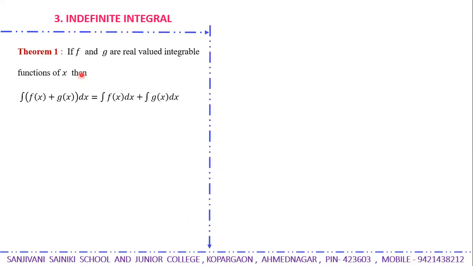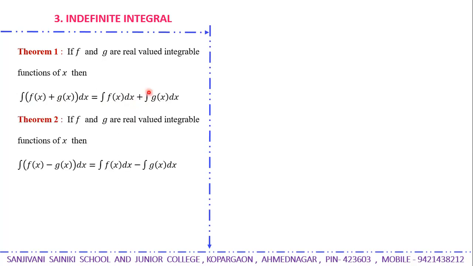Now these are the theorems, the algebra of integrals. f and g are real valued integrable functions. What is meant by integrable? Integrable means we can find its integral. So the integral of f of x plus g of x, how do we find the integration of the sum of two functions? We find the separate integration of both and add them. So the integration of the sum is equal to the sum of their integrals.